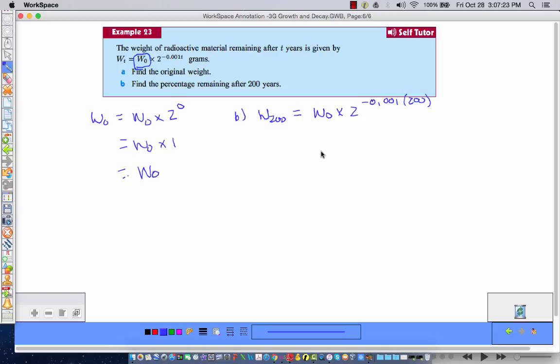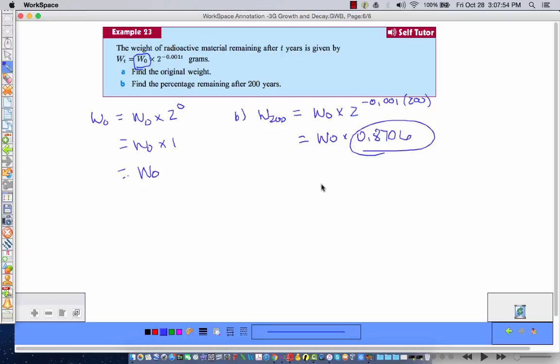And if you work all that out, that is equal to W0 times 0.8706. So it's 0.8706 times W0, because this is W sub 0 and it's being multiplied by 0.8706. So that is actually the percentage increase.